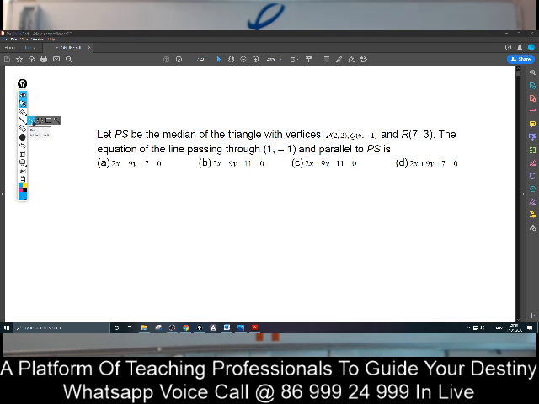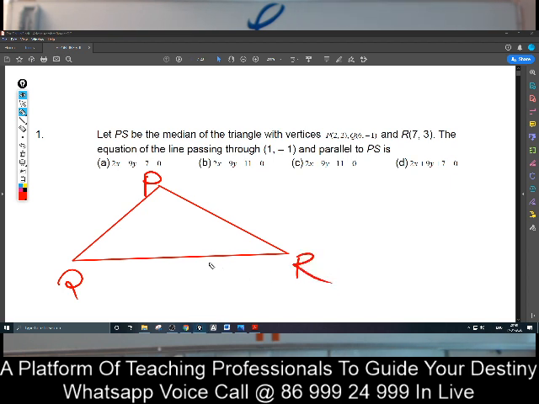So let us take the triangle PQR. The midpoint of QR, it is clear, is (7 plus 6) by 2, because PS is the median, S is the midpoint, and it is the midpoint of QR.